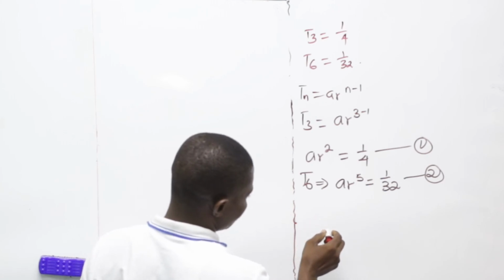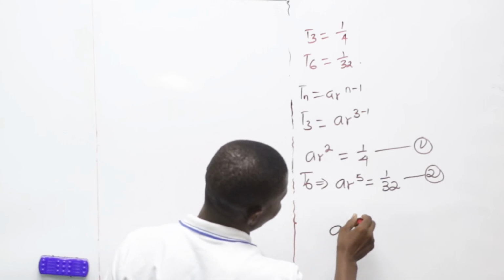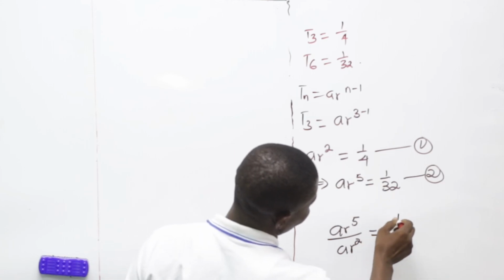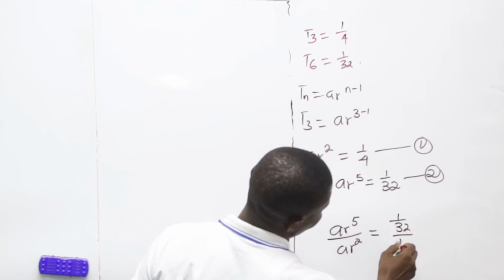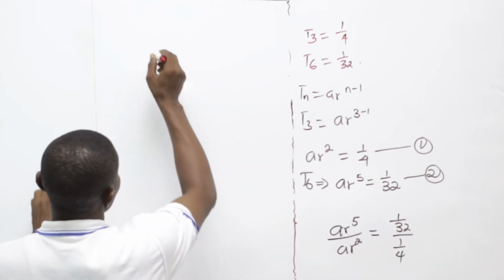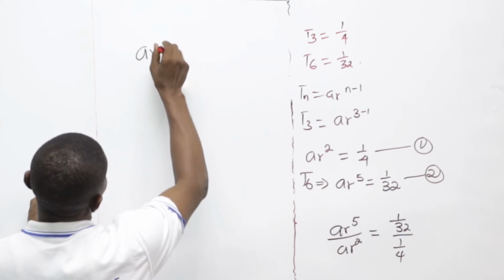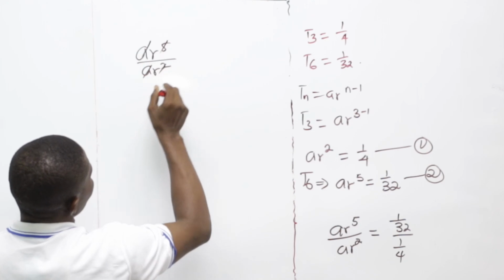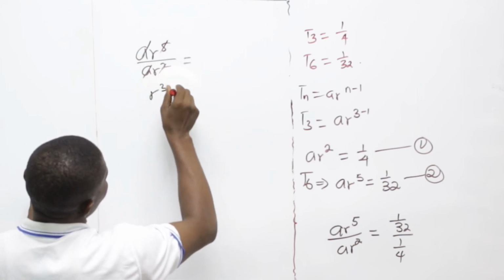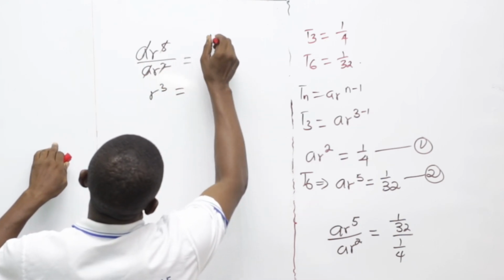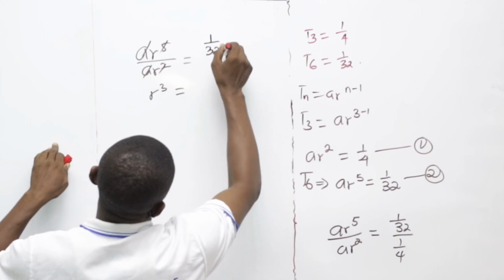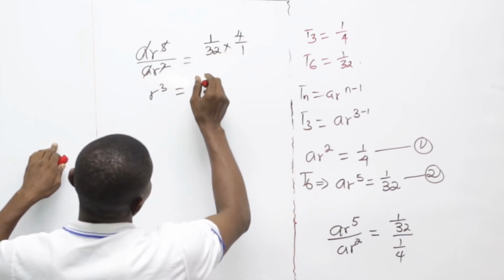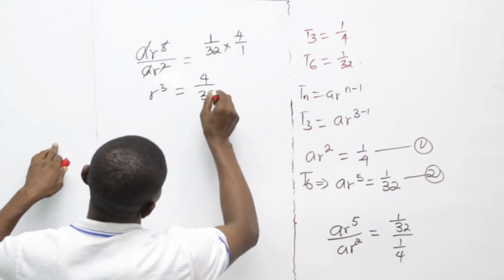Having this, we know that AR power 5 divided by AR square will give us R cubed equals 1 all over 32 times 4 all over 1, that is 4 over 32.